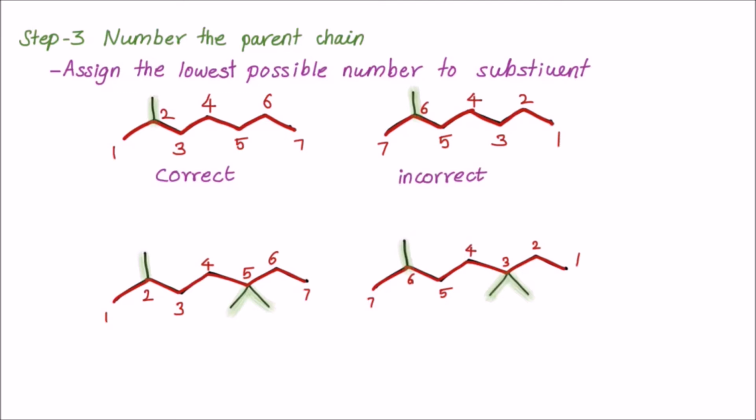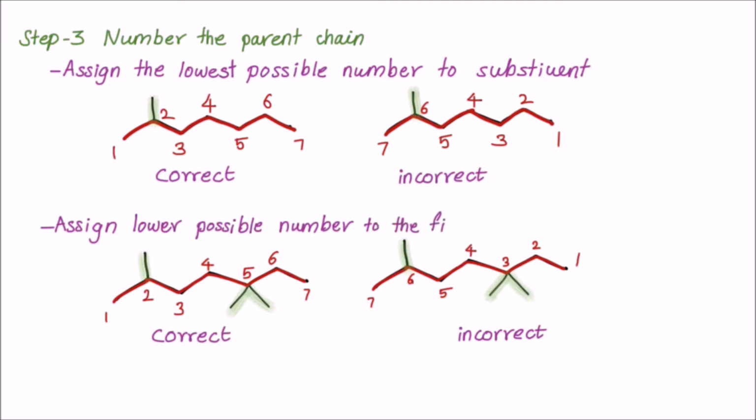If you look at the location of the substituents, on the left side structure you have a methyl group on carbon number 2, and 2 methyl groups on carbon number 5. On the right side structure, you have a methyl group on carbon number 6 and 2 methyl groups substituted on carbon number 3.